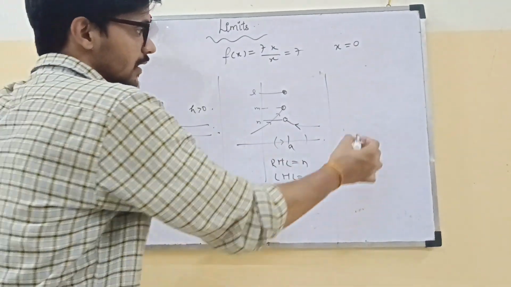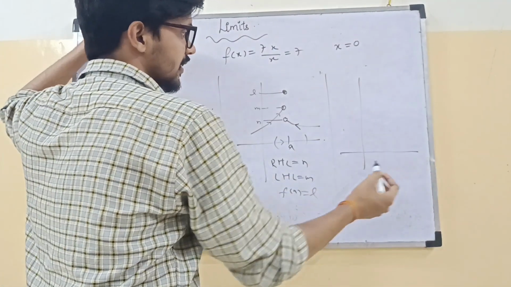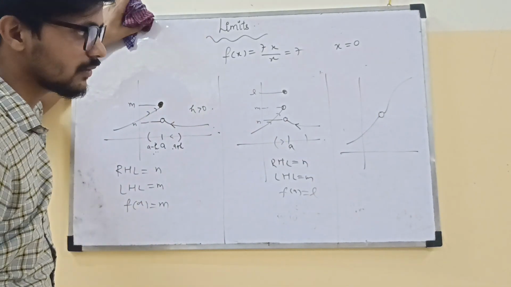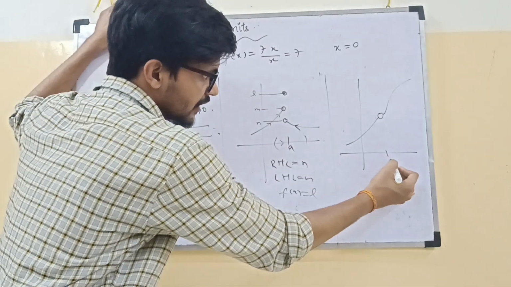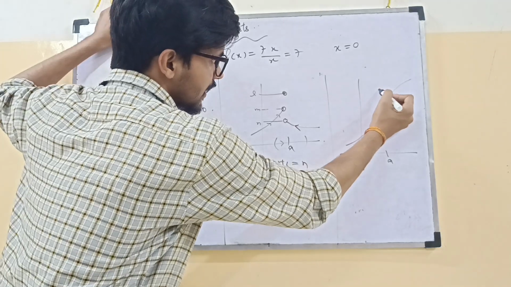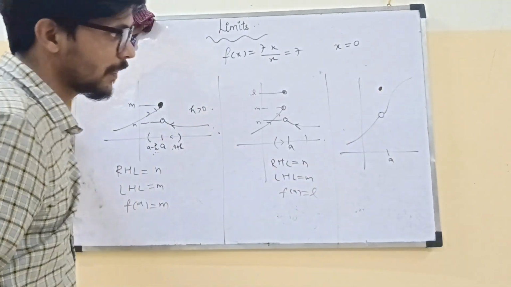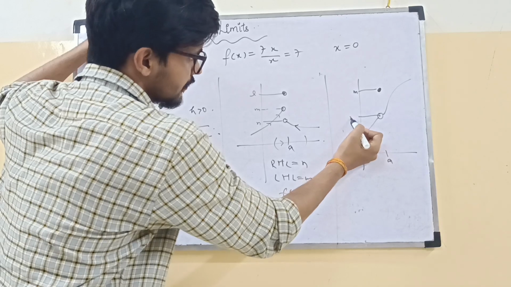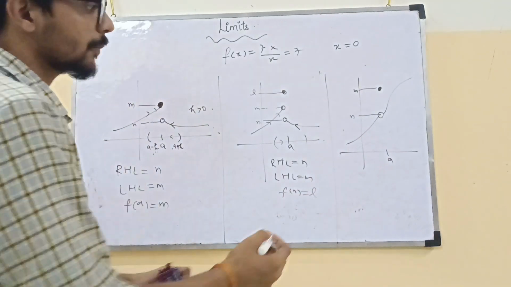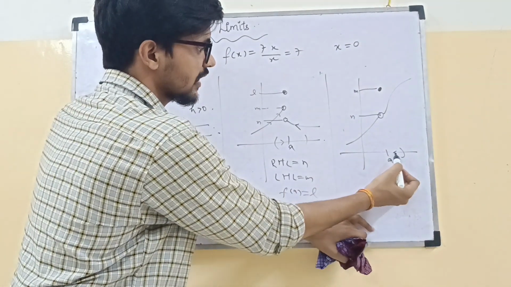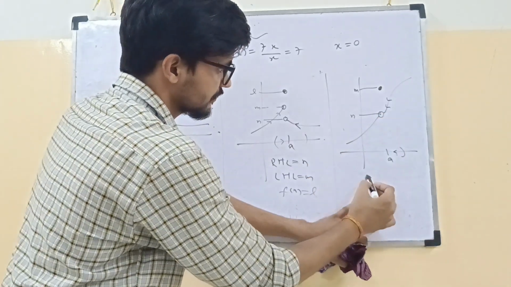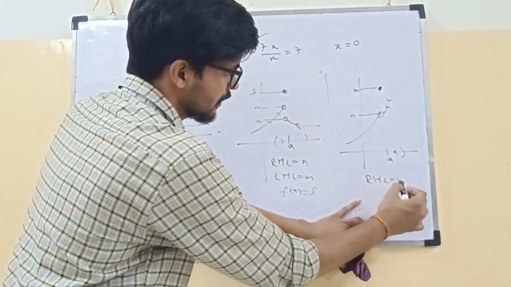One more example we can take to understand it in a better context. This is your function, this is the value at a, right? Let's say this is m, this is, let's say, n. So if you are approaching towards a from the right, the value is coming like this, like n, so RHL is n.